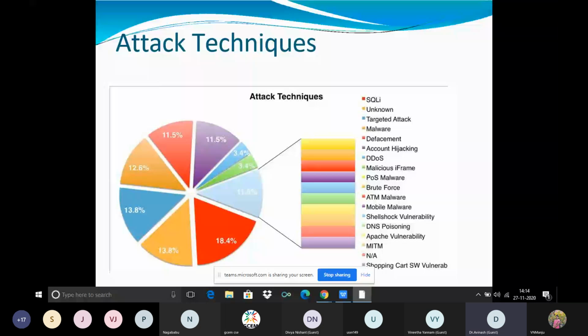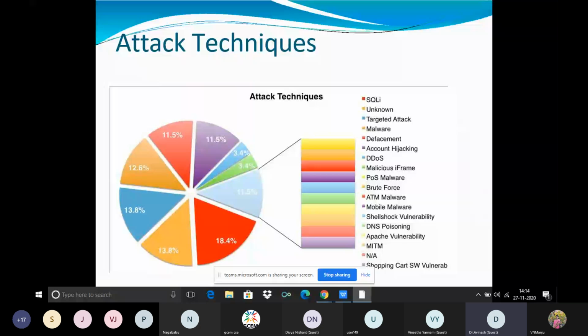Then there is another type of attack, the Apache vulnerability attack. Then one other attack is called MITM. We can say that it is an attack which is happening at the middle level of the transaction.